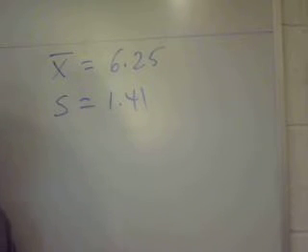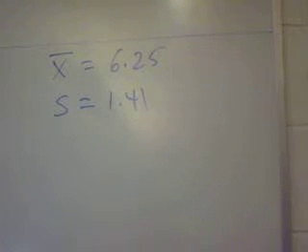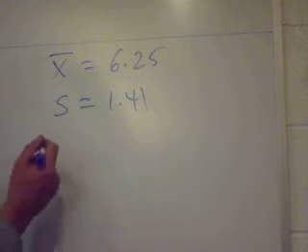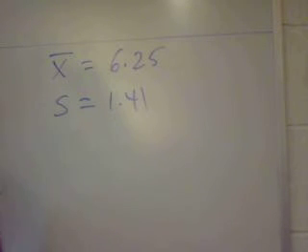So this is the case of confidence intervals with sigma unknown. So we're going to use S and table 4. And what we need to do is find T sub alpha over 2.